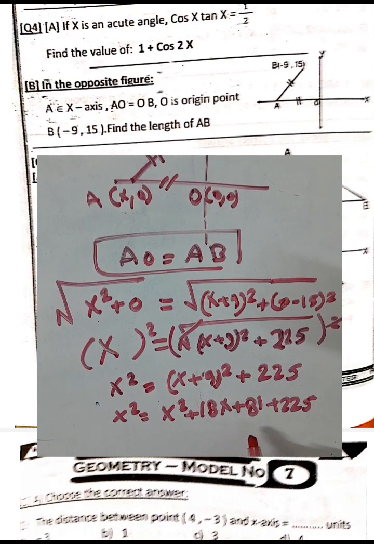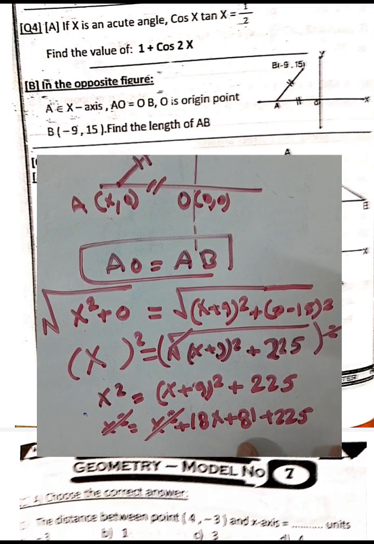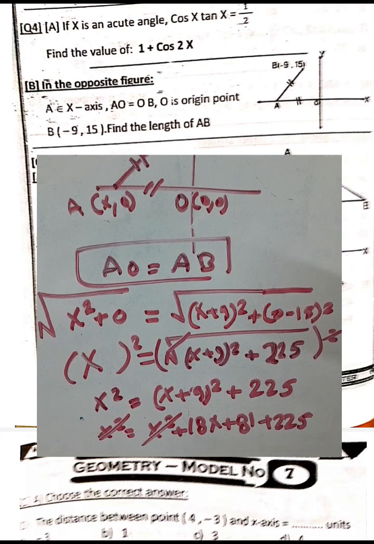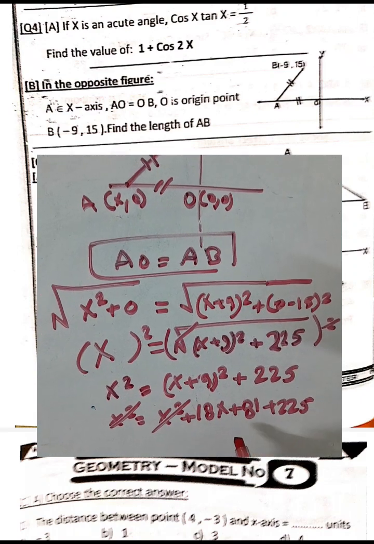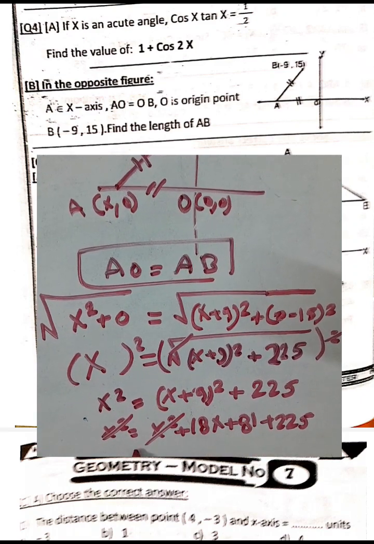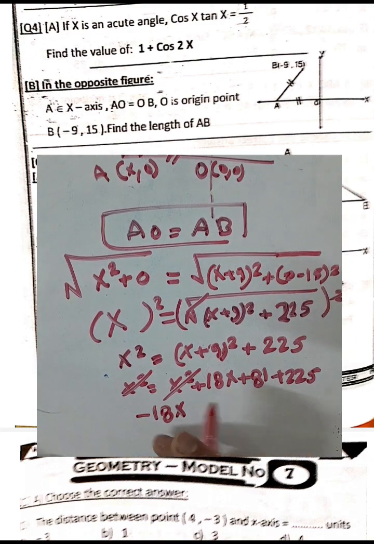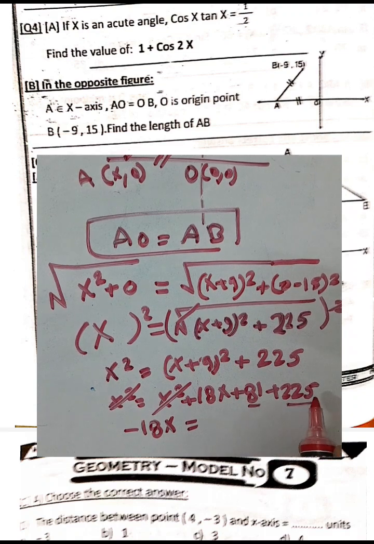Okay, and then you can cancel x power 2 by x power 2, and you can simplify these numbers. Okay, to find the value of x it will be negative. Complete with me. Right here negative 18x, move 18x from right hand side to left hand side, and write negative here equal 81 plus 225.